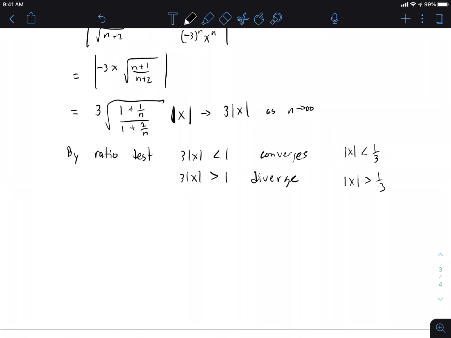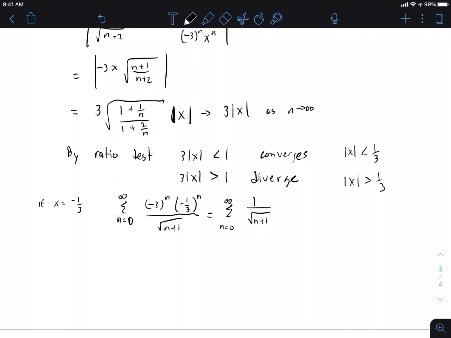So let's consider x equal to a negative 1/3 first. What ends up happening there is I'm going to get my summation n equals 0 of negative 3 to the n, negative 1/3 to the n over the root of n plus 1. And so that's going to give me the sum of n equals 0 of 1 over root of n plus 1.